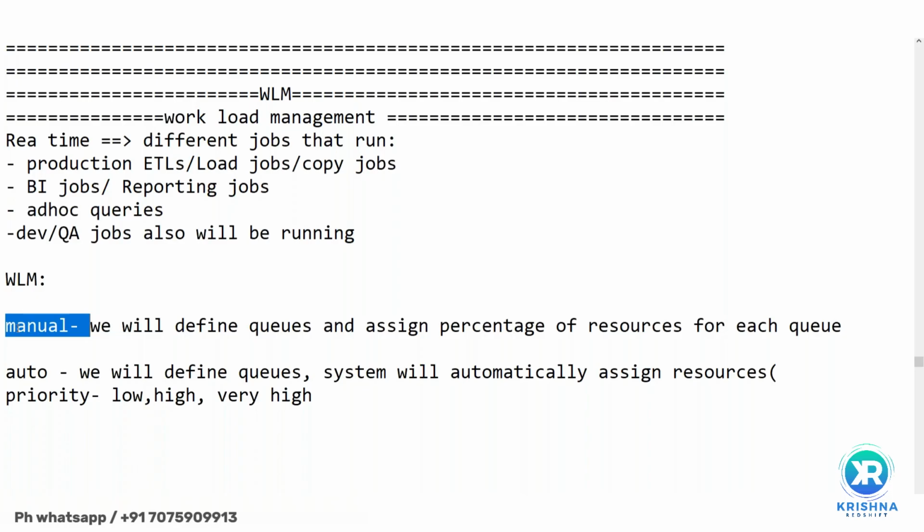For example, during your daytime, ETL jobs will run, so ETL jobs 50%, then BI jobs 40%, QA jobs 5%, ad hoc users 5%. Like that you allocate the memory manually in manual WLM. In auto WLM, the system will decide it automatically. You don't do any of this 5%, 10%, or 50%, 40%. You let the system decide.